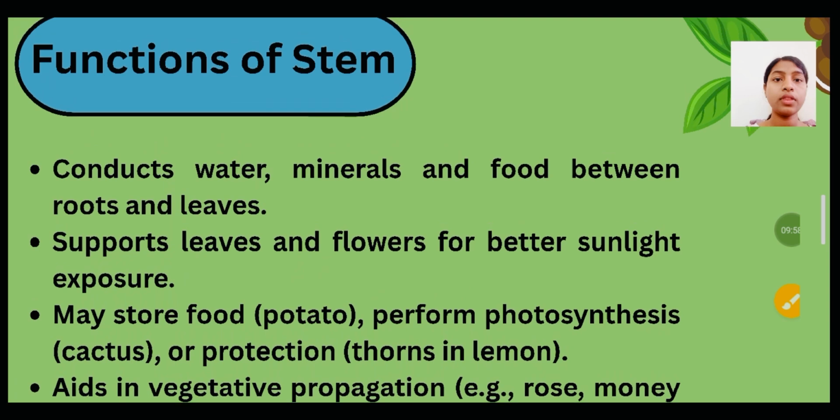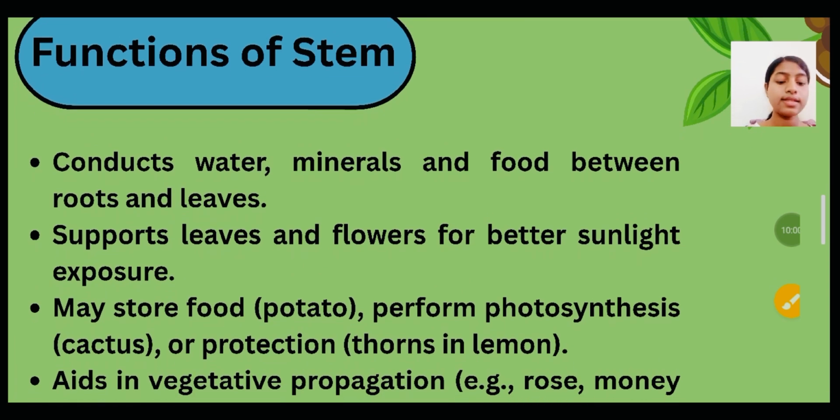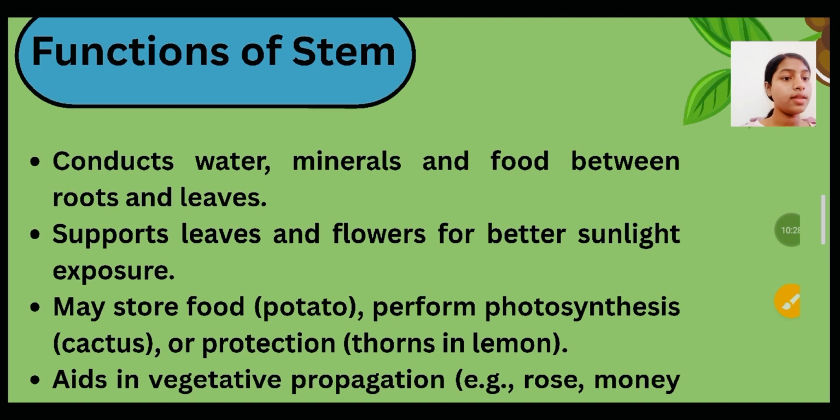What are the functions of stem? It carries water, minerals, food, supports leaves and flowers, stores food like potato, photosynthesis like cactus, protection like thorns in lemon, and propagation in money plant. So these are the functions of stem.